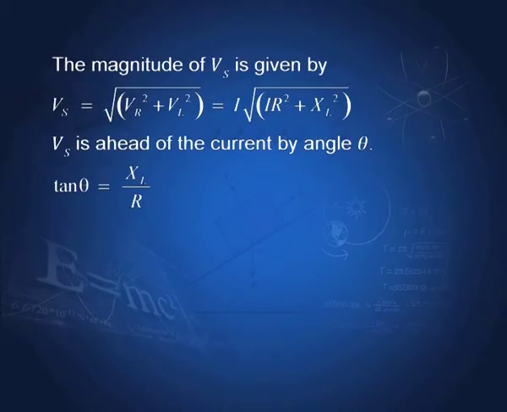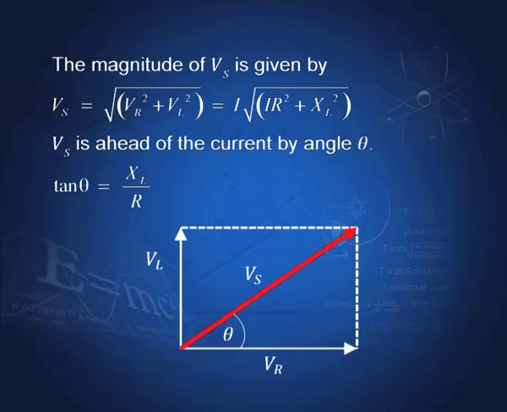This is VL, this is VR. There is a phase difference of pi by 2, because VL leads VR by pi by 2. So, they are perpendicular to each other, and this Vs is the resultant of VR and VL, and since they have been treated like vectors, these phasors can give us the resultant of these two.